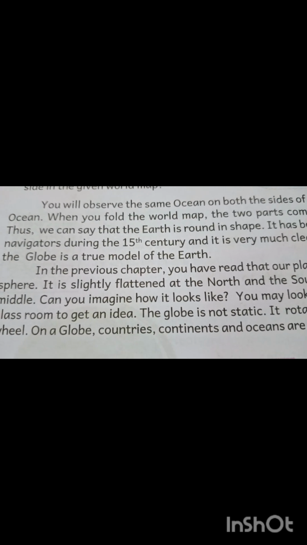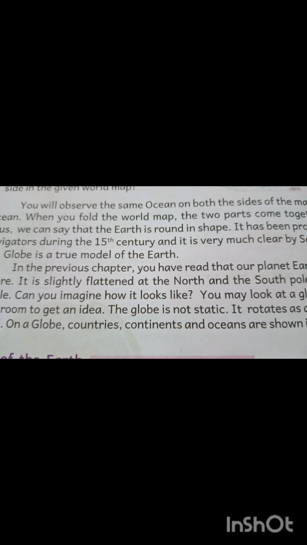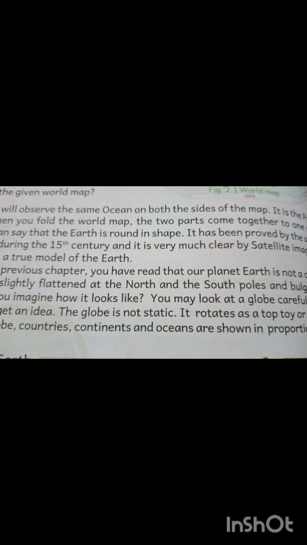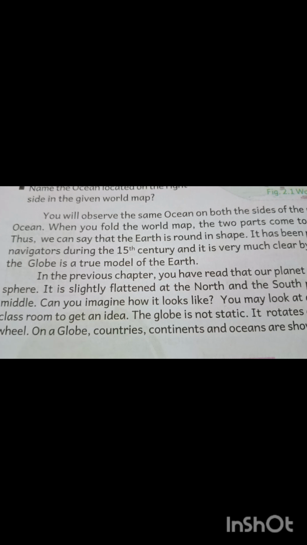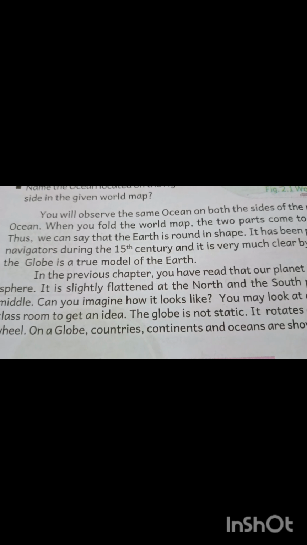Can you imagine how it looks like? You may look at a globe carefully in your classroom to get an idea.